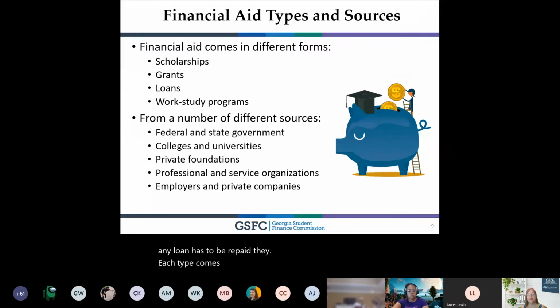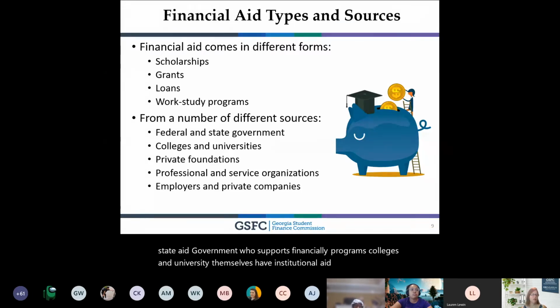We have federal and state aid, where the government supports financial aid programs. Colleges and universities themselves have institutional aid. Private foundations, professional service organizations, and employers also have different scholarships that may be available to you. Those are a little bit harder to find.